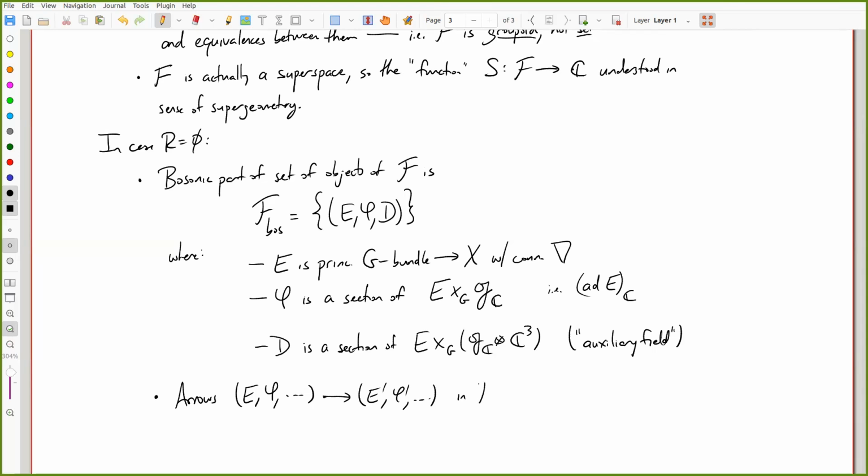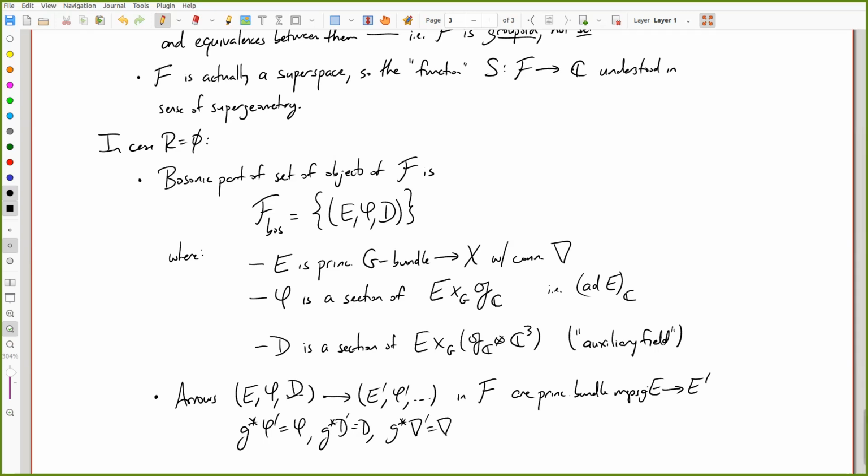So the arrows in F are principal bundle maps g from E to E prime, where g pullback of phi prime is phi, g pullback of D prime is D, and g pullback of nabla prime is nabla.